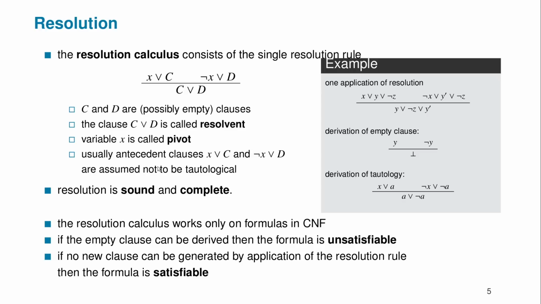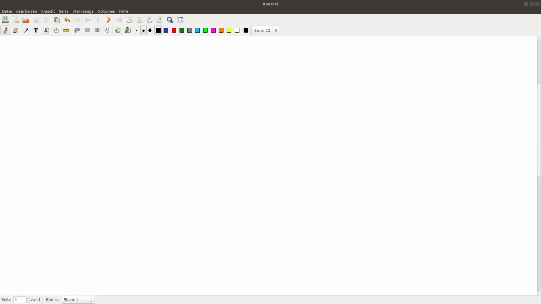I would like to switch to the writing space to give you some additional explanations. Let's think a bit about what this resolution rule means and why it makes sense. I will not prove soundness and completeness, but I will try to give you some intuition about this rule.